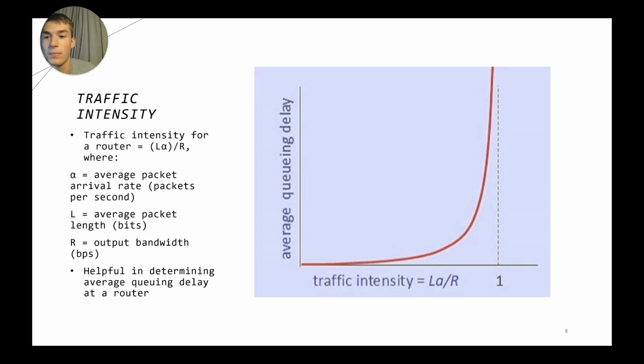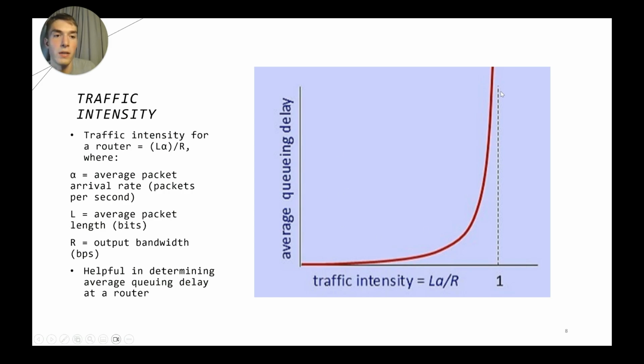So you'll see here that our traffic intensity, if L alpha over R is low, that is, if there's a small number of large packets, or perhaps more but smaller packets arriving, and it's a high output bandwidth, we're going to have a relatively low queuing delay because the router is not getting backed up.